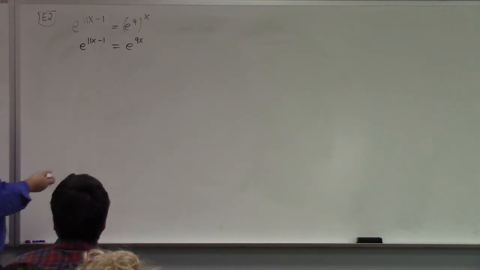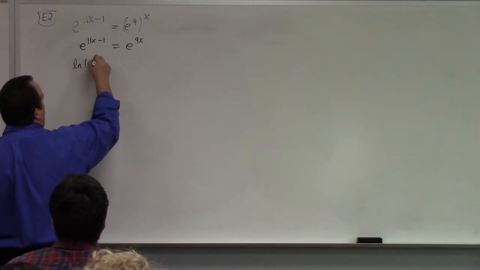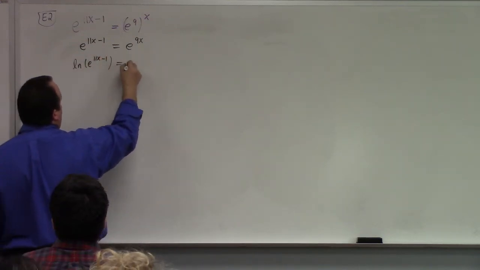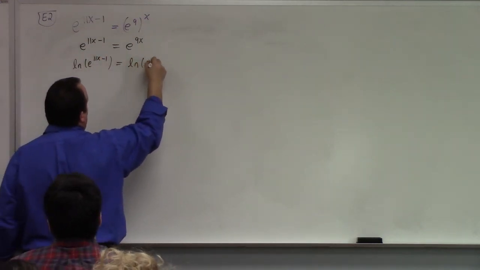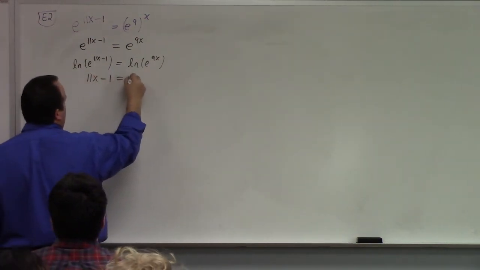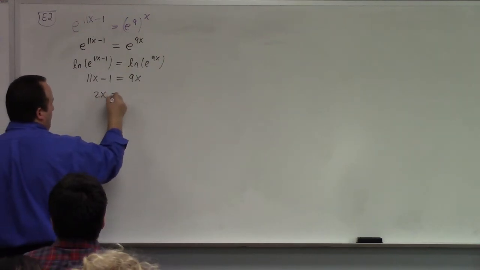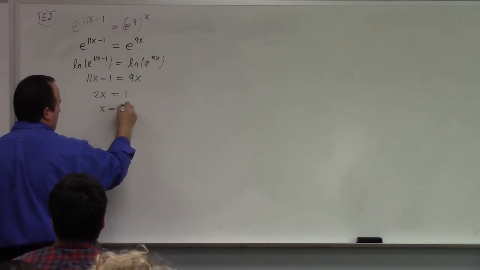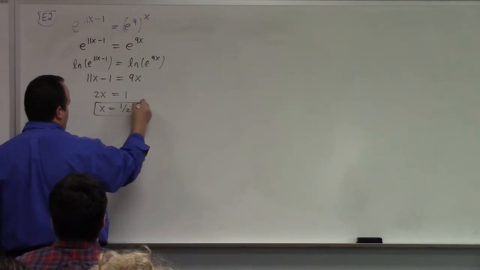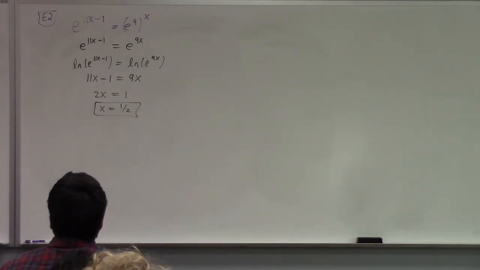So if we take the natural log of both sides, what do we get? You say 11x minus 1 equals 9x, right? Which then gives me 2x equals 1, which gives me x equals 1/2. There you go. Other questions?